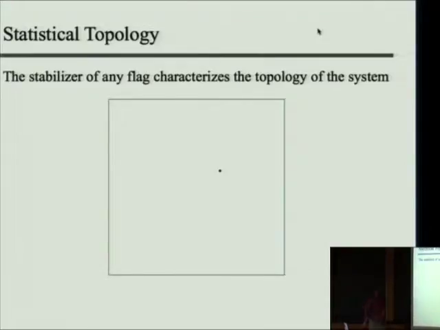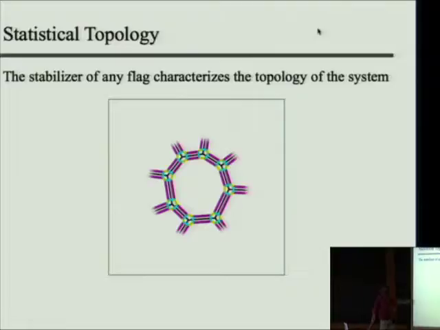And so then I make this claim that the stabilizer of any flag, the set of group elements that returns the flag to itself, will completely characterize the topology of the system. If you have the stabilizer for a flag, you know everything about the topology. And you can prove that using a constructive argument. You take, for example, the shortest element in the stabilizer associated with a particular flag. It might run around the interior of a cell. You then take the next shortest.